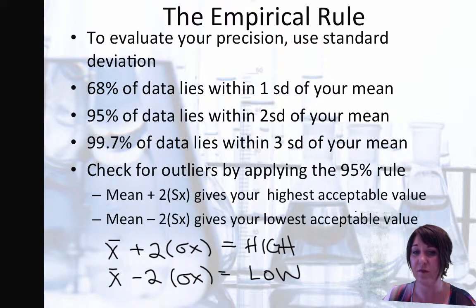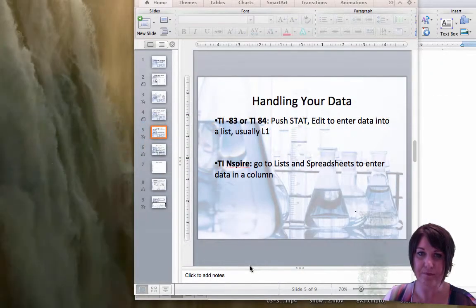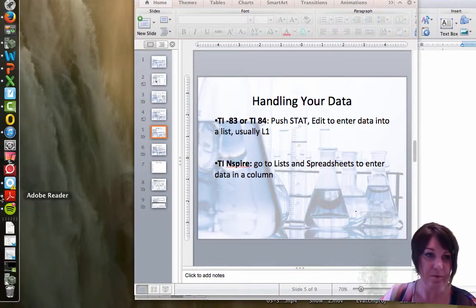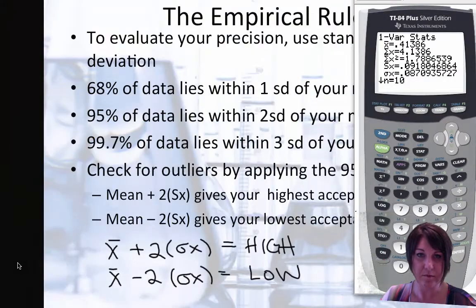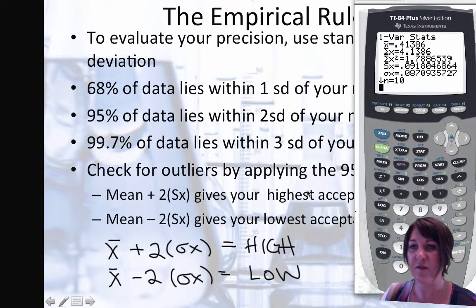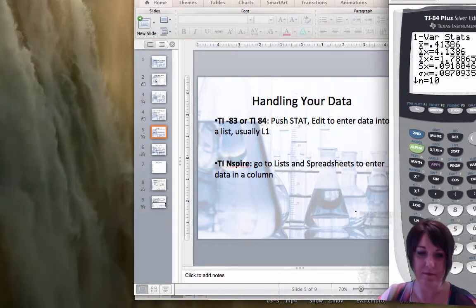So let's do this with our real numbers. And I want you to think about that list we just put in. In the list that we just entered, did any of the numbers seem a little bit off to you? They did to me. Let's look at them more closely.